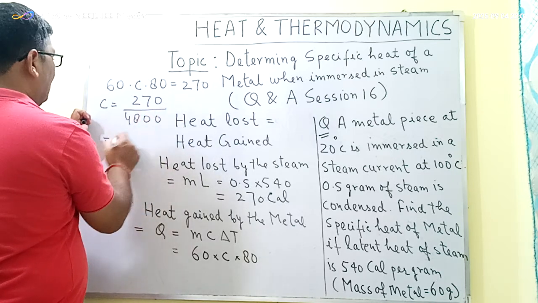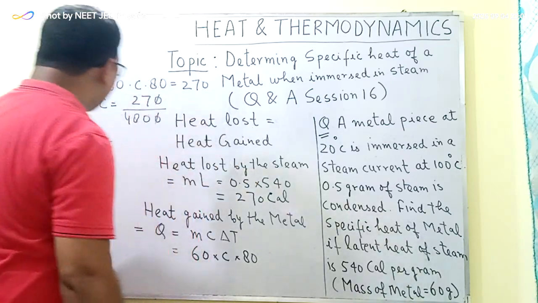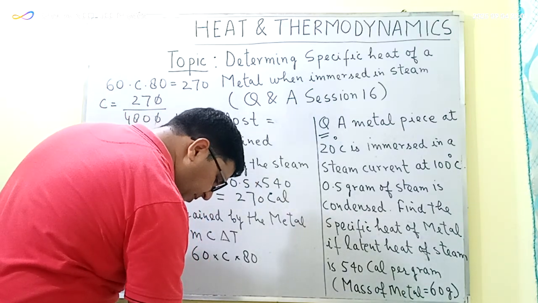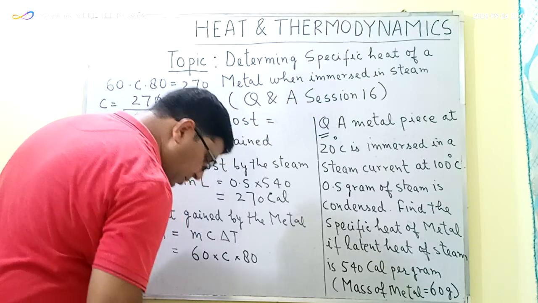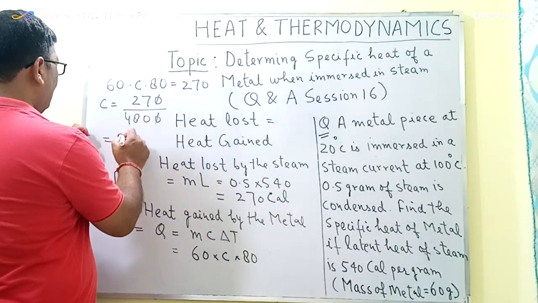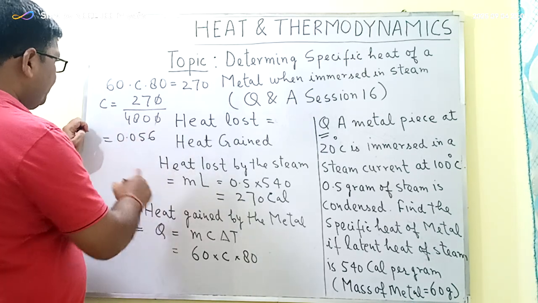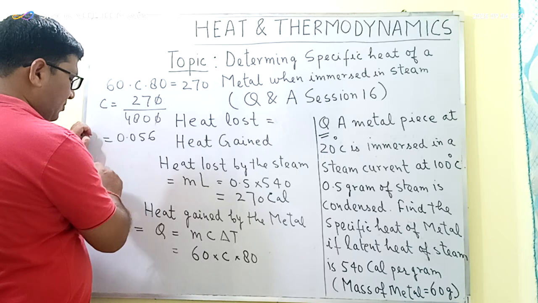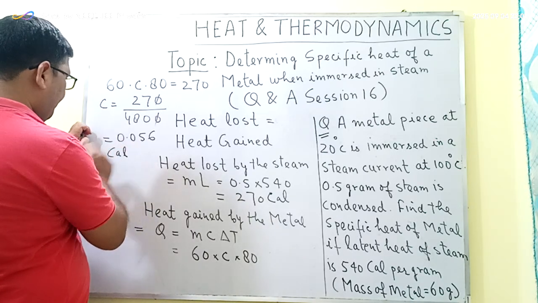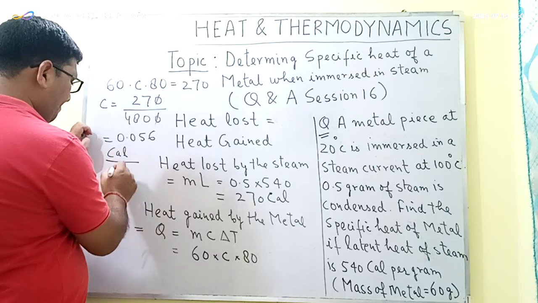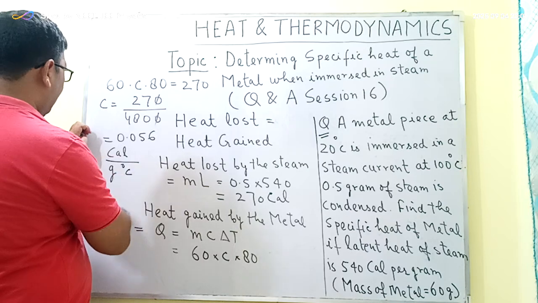So this is equal to 27 divided by 480, which is 0.056 calories per gram degree centigrade.